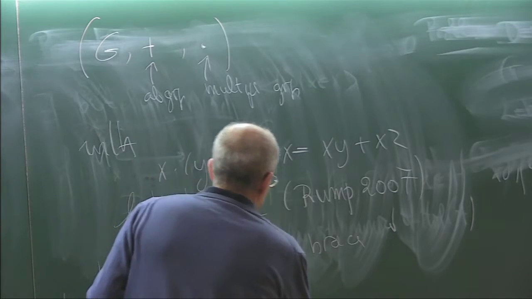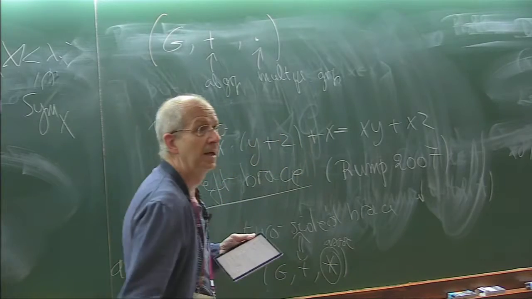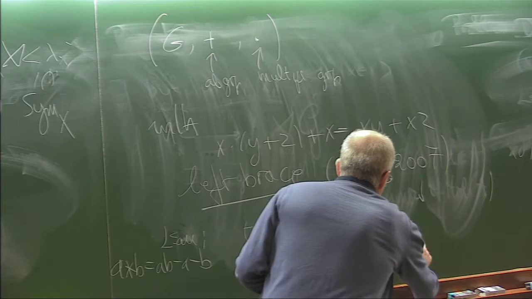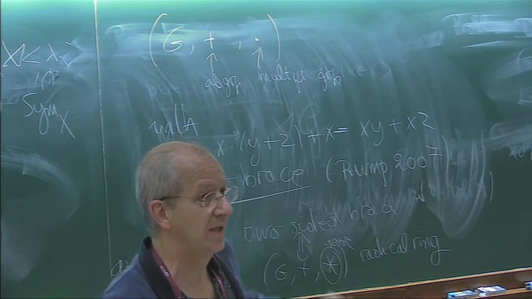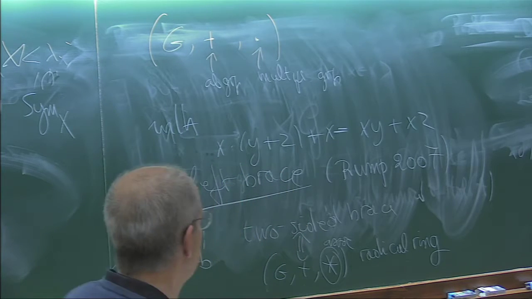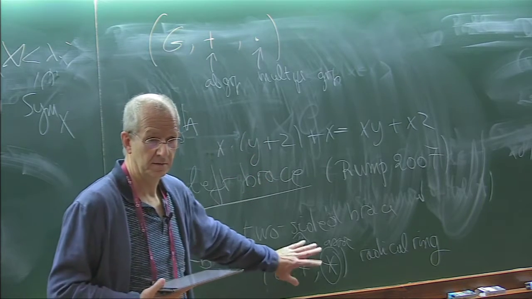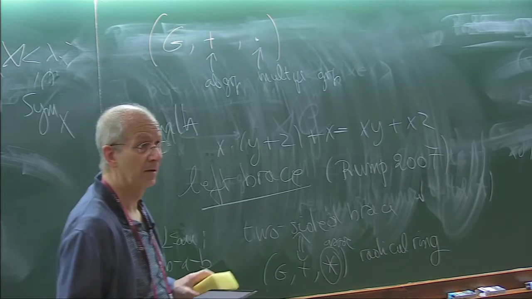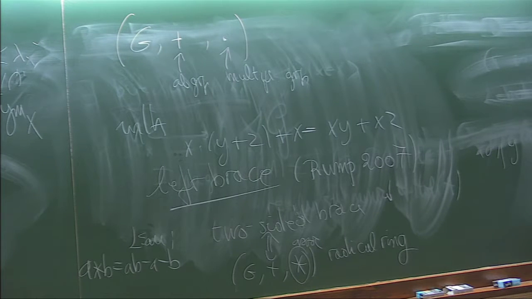What he proves is that this is a two-sided brace exactly when this is associative, and that is nothing else than saying this is a radical ring. Ring is associative, what I mean here. This doesn't have an identity, a radical ring. So left braces are extensions of radical rings. Two-sided braces are exactly radical rings. Okay? Good.